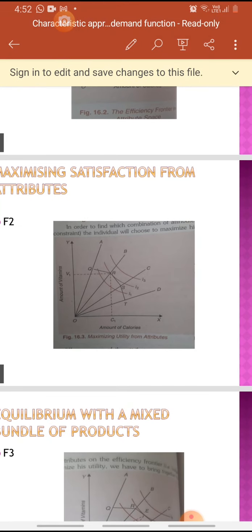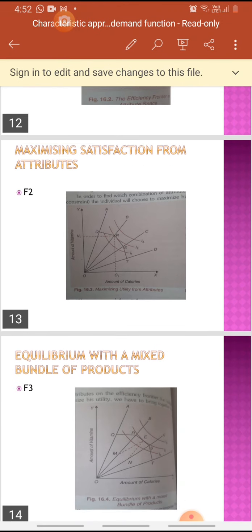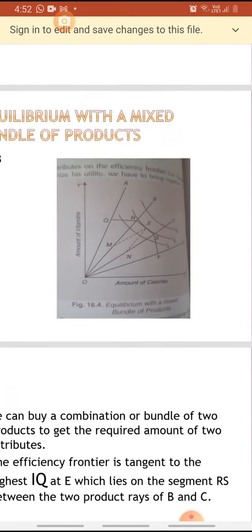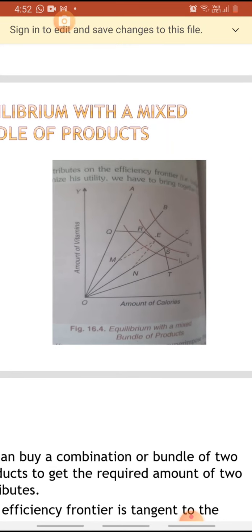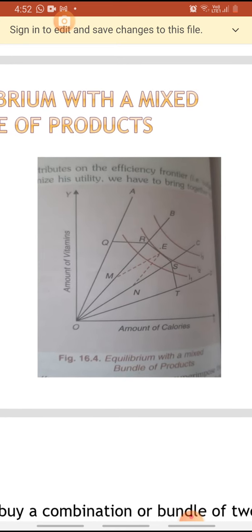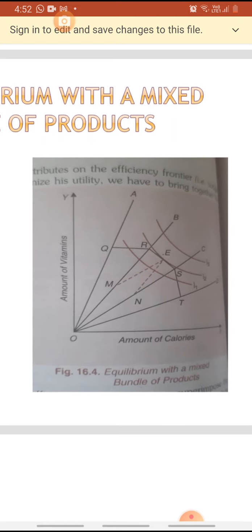So this is the maximum utility, that point gives maximum utility with single products. Okay, here we are going to find equilibrium with a mixed bundle of products. If we want to purchase a mixed bundle of products like bread and butter, likewise we are going to purchase 2 products.